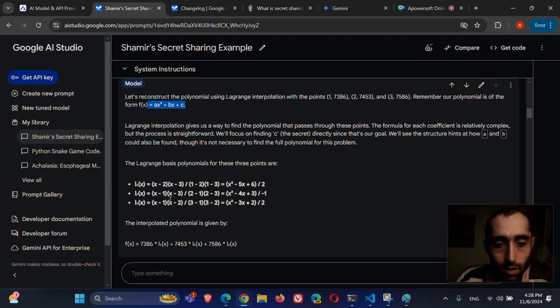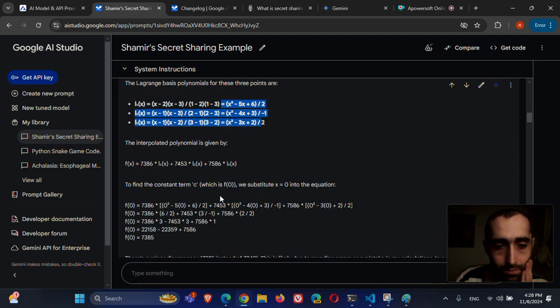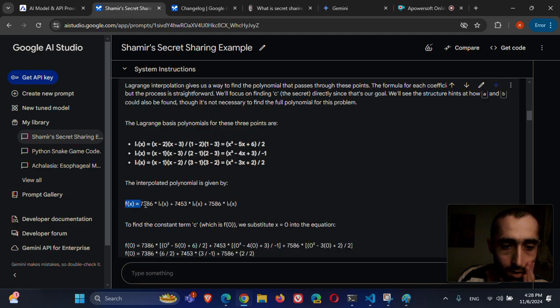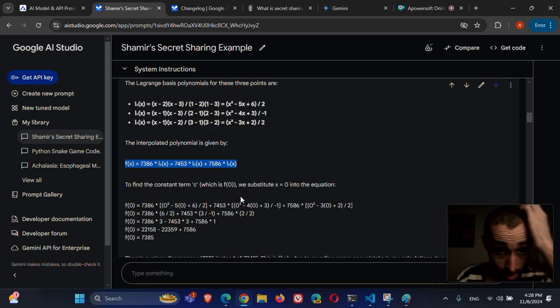This is 1, this is 2: 3 minus 1, 3 minus 2. That's the third point. So we get those three, and we multiply the y value by each of them respectively. For this one we are taking this and multiplying. This one we multiply with this. This one we multiply with this, and we get f of x.